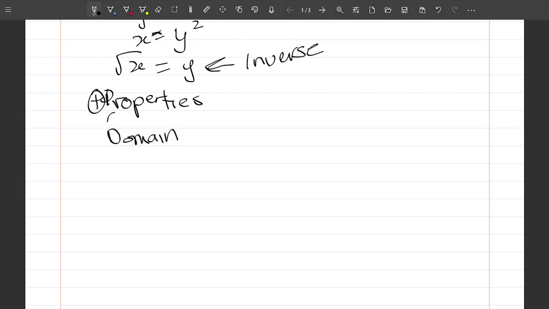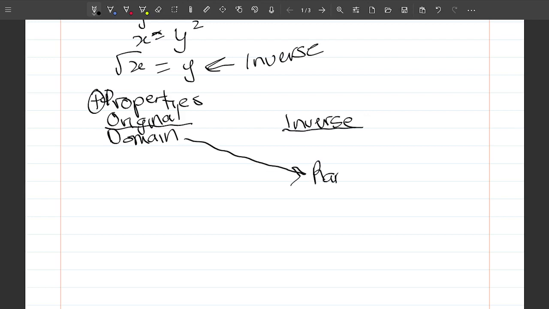Let's suppose you have the original function, then you have the inverse. When you have these two, the domain of your original function will become the range of the other function. This is because we're swapping x and y, so everything that had to do with x would go to the y values of the inverse and vice versa.